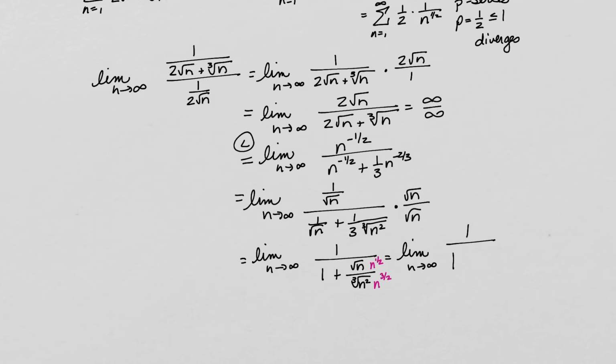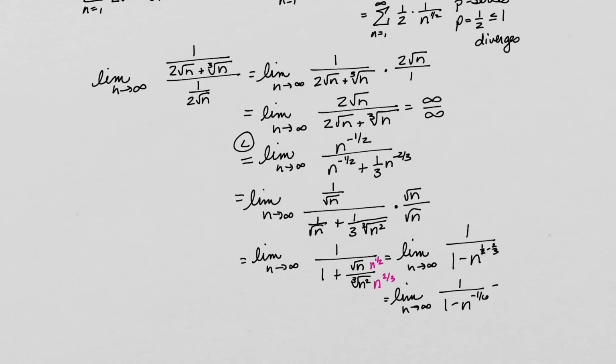Oops, this isn't 3/2. I wrote it the wrong way. It's 2/3. So you're going to have 1 plus n to the 1/2 minus 2/3. So we're looking at the limit as n approaches infinity of 1 over 1 plus n to the -1/6.